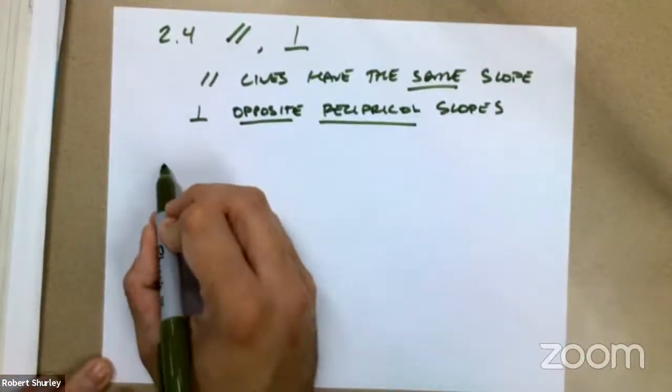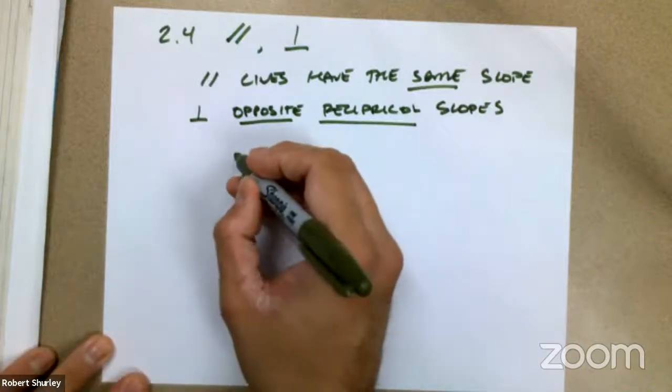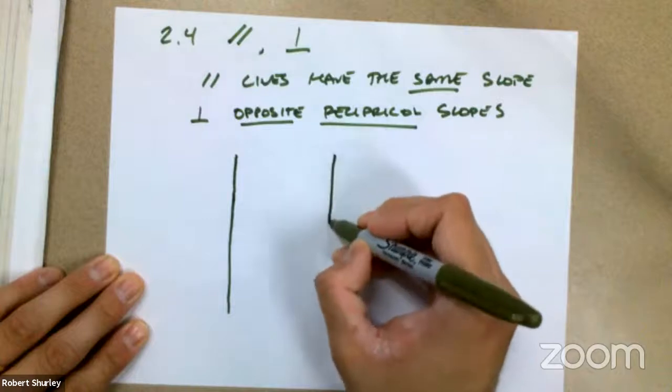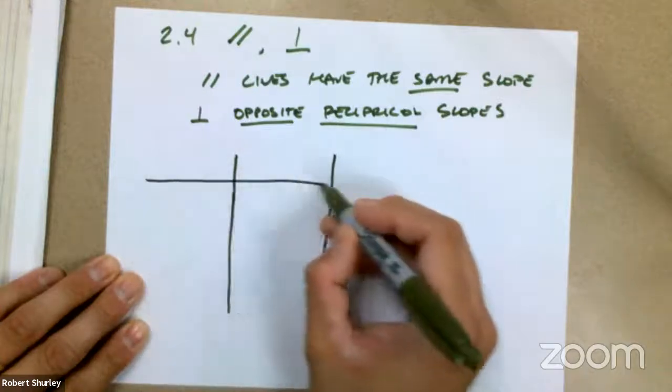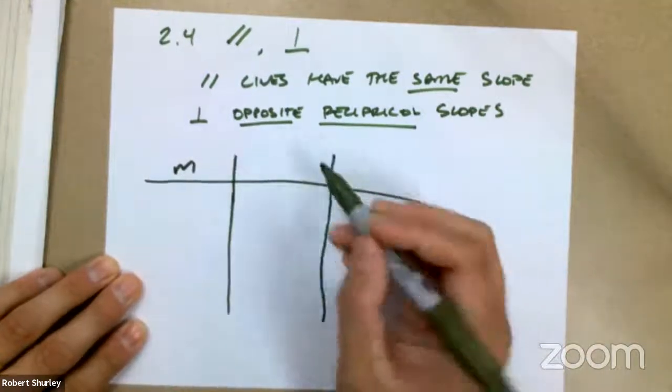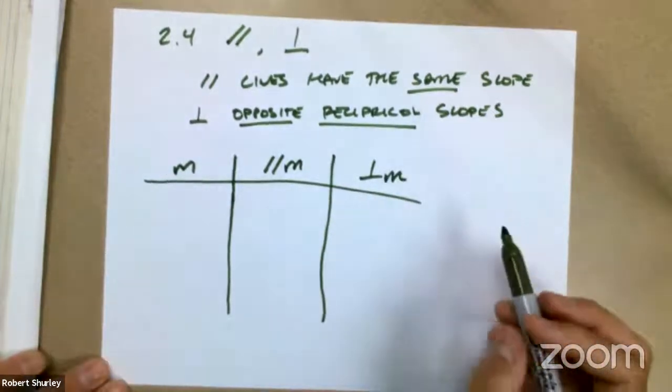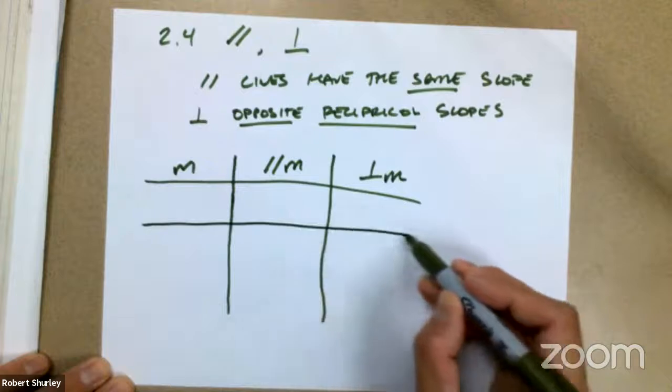So let's make a little chart here. I'm going to give you the slope. I'm going to ask you for the parallel slope and then the perpendicular slope. Okay? We'll do a few of these.